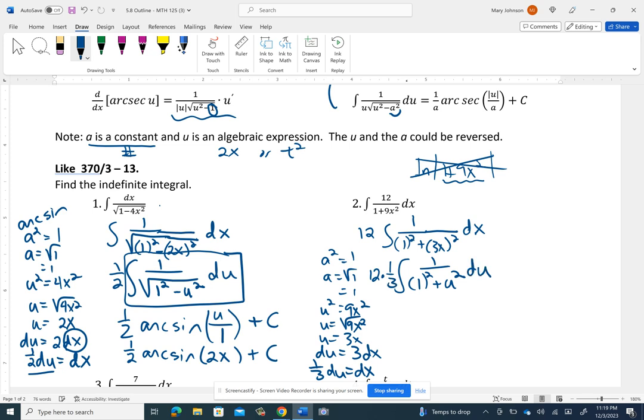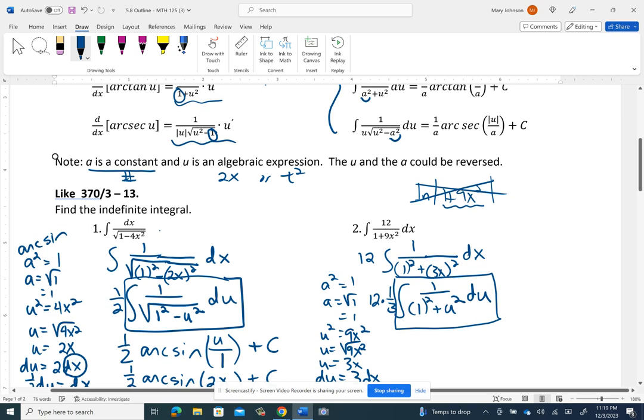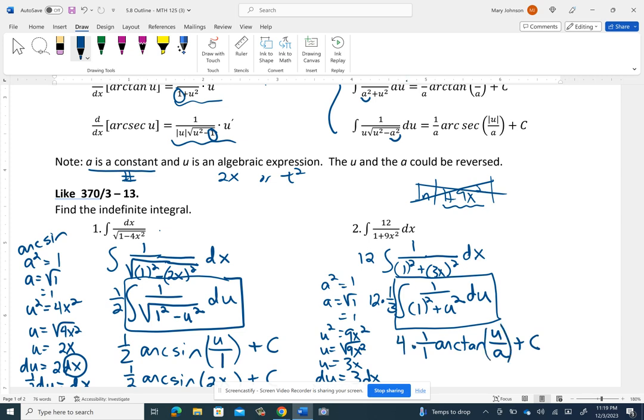Okay. So now this part matches the formula. And the formula for arctan says you're going to do 1 over your a, and your a value is 1, and then it'll be arctan of u over a plus c, and 12 times 1/3, that constant you need to bring down in front.